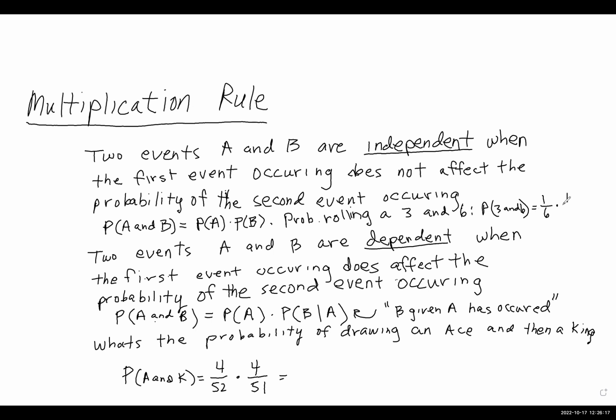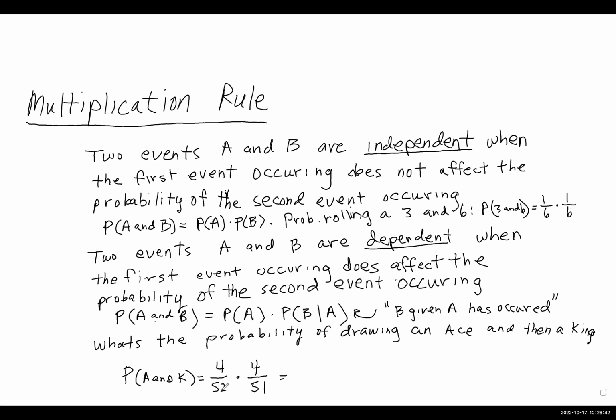So just because Jalen rolled the die once and got a 3, that did not change the probability of her rolling the die again and getting a 6, right? The first event occurring did not affect the probability of the second event. Just because you rolled a die once doesn't change any of the probabilities when you roll a second time.